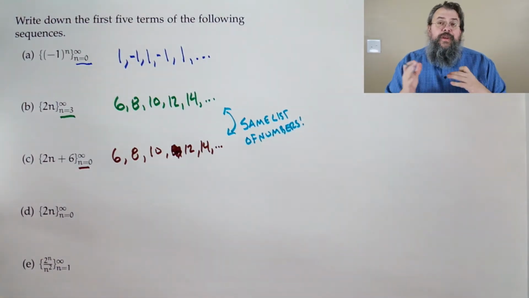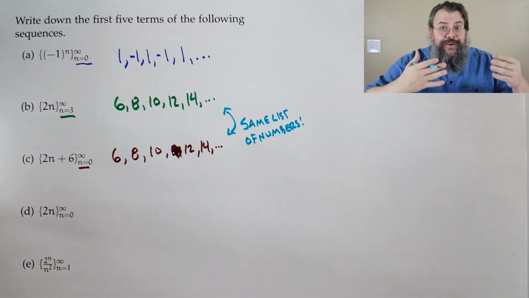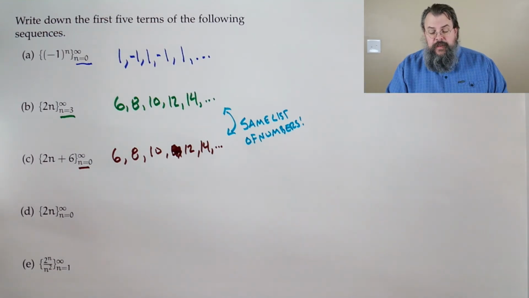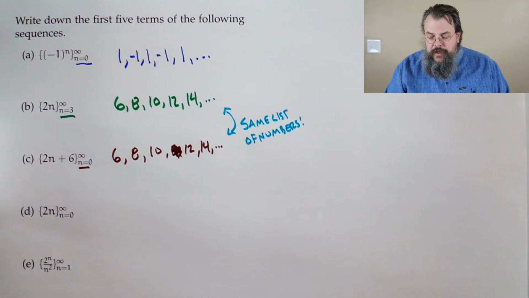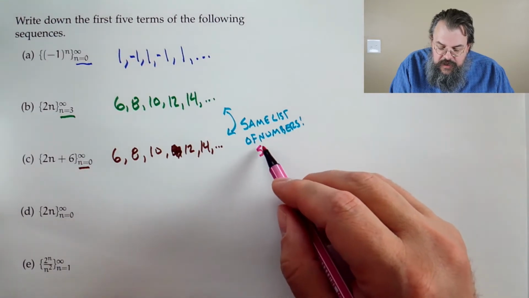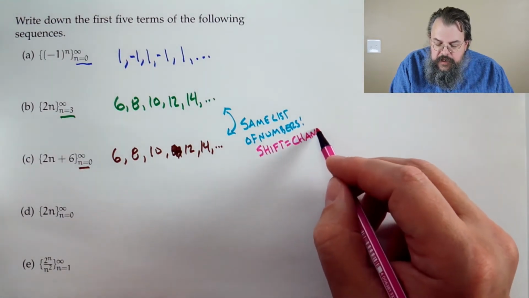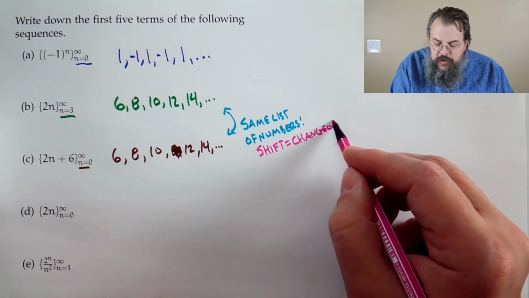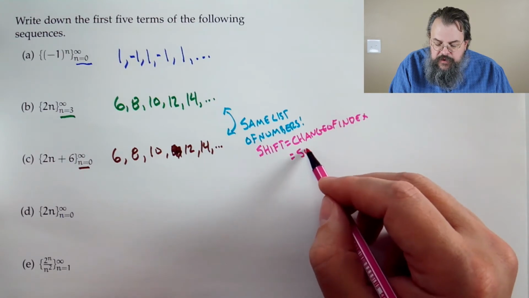So what can we think of happening here? Because there is something that we want to foreshadow of things to come. What we have essentially done is a shift. Now, how do we think of shifts? A nice way to think of a shift is as a change of index, and we have another name for it: substitution.